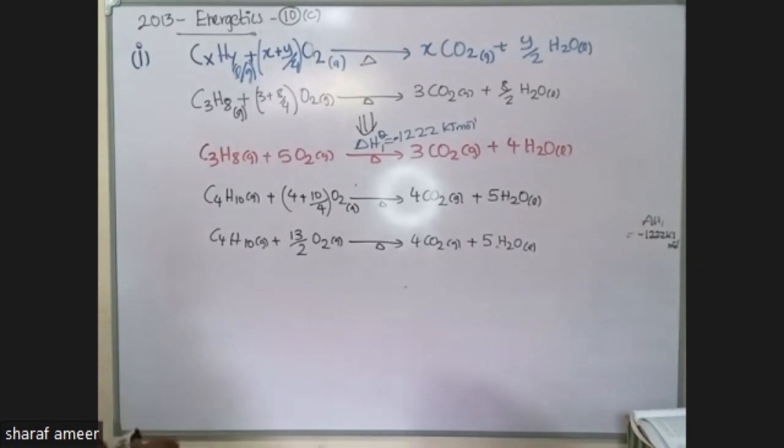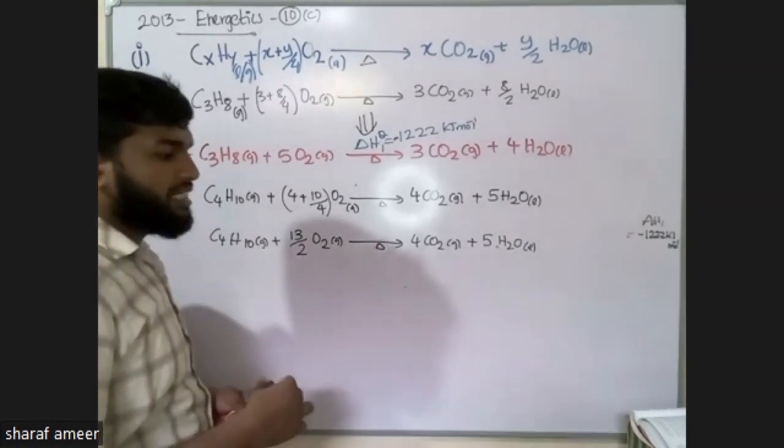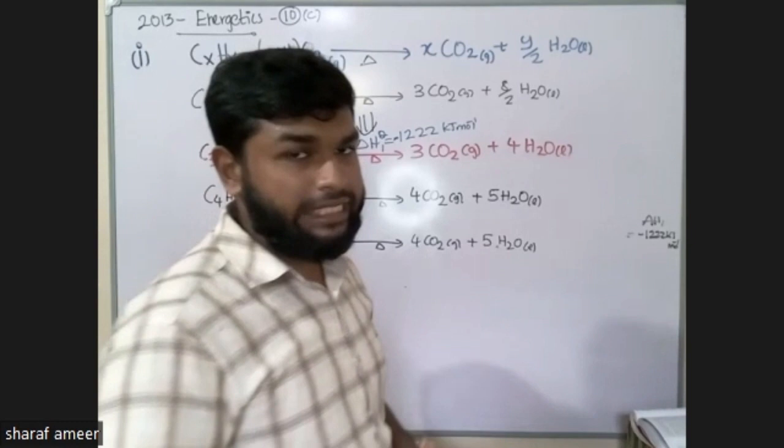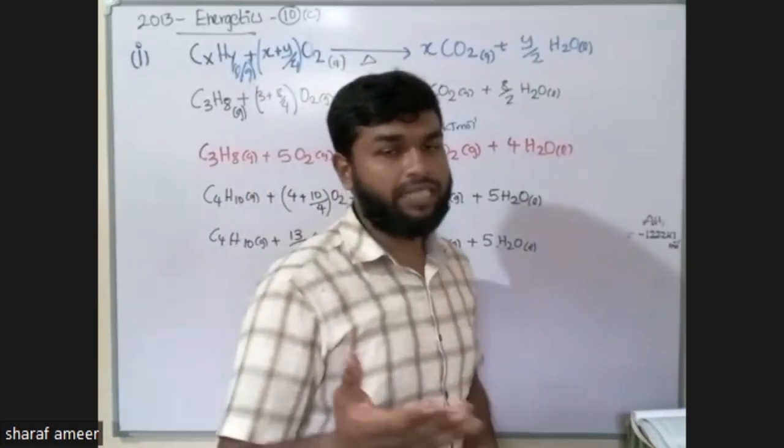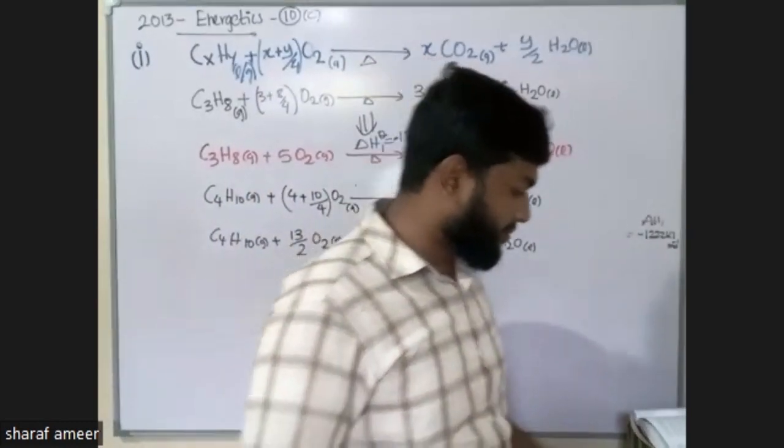Now see here, they have given the enthalpy changes now. They have given the delta H theta f for carbon dioxide, water and butane.